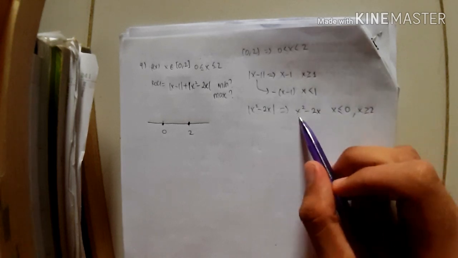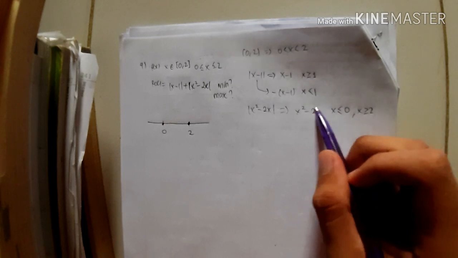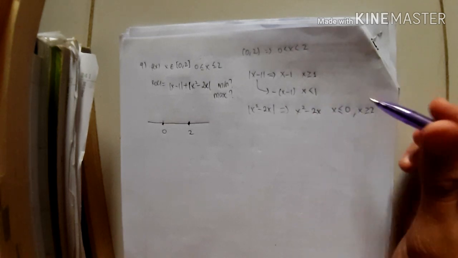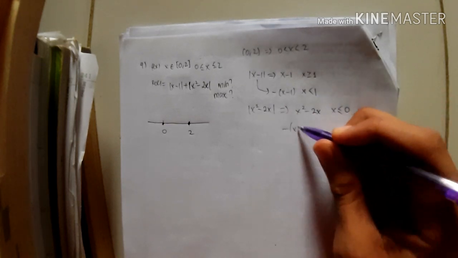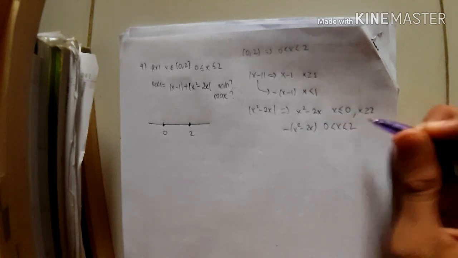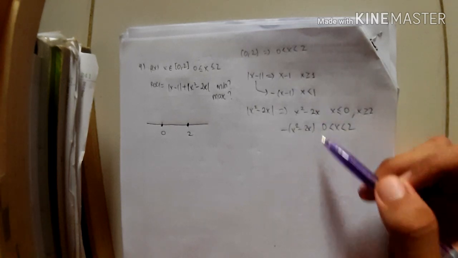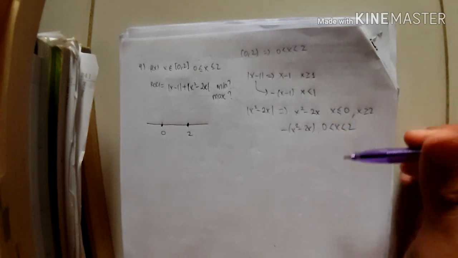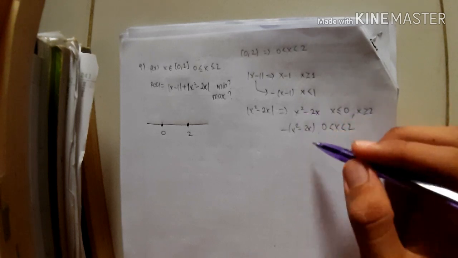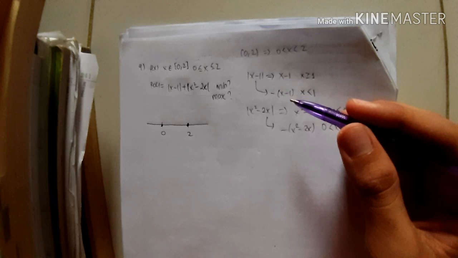Same as this, if you have, let's say, 3, 9 minus 6 is 3. But the value will be negative if you have the interval 0 less than x less than 2. Let's say 1: 1 minus 2 is minus 1, right? So that is how to analyze these two absolute functions.